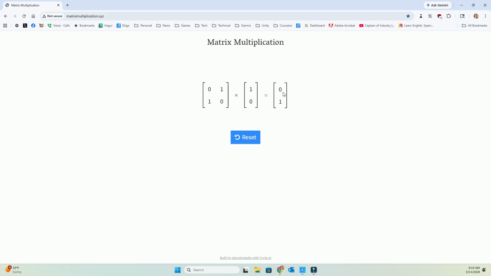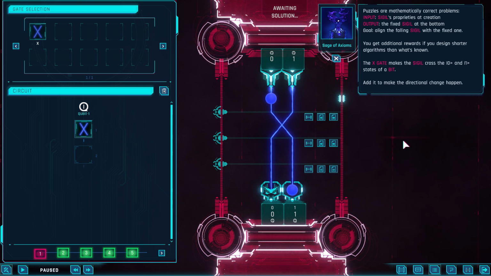And so the output now, instead of 1, 0, is 0, 1. Go back to the forwards, we'll see this represented by this crossover wire. So the zeros become 1s, and the 1s become 0s.